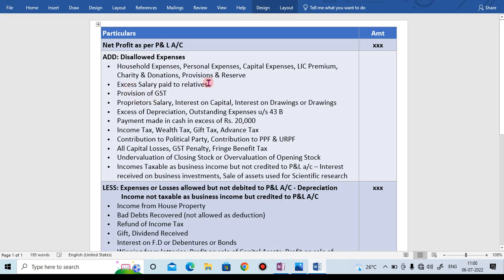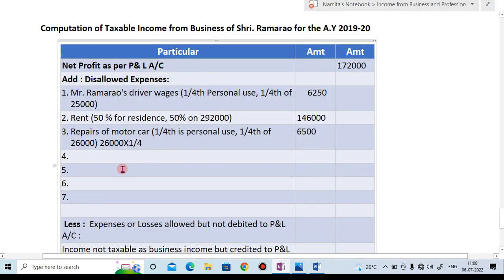You can check the format, whatever personal expenses. Under personal expenses, it can be medical expenses also. If it is used for personal purposes, then it is called disallowed expenses. Medical expenses, that is personal expenses.